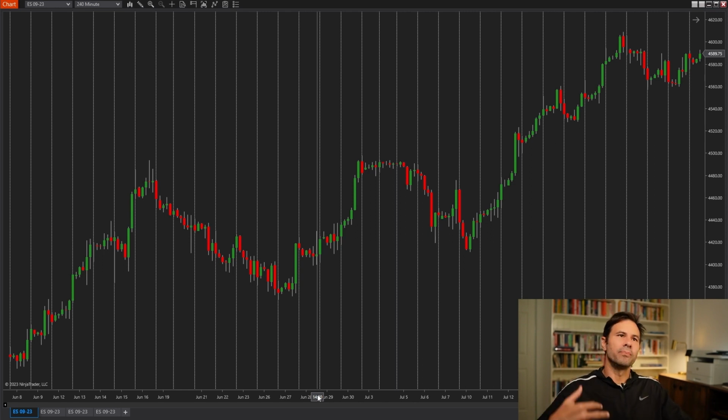And when I think that the market is approaching a very key specific area, I go down in time frame, to the 30-minute. Why the 30-minute? I found that there are 13 candles in the regular trading session.